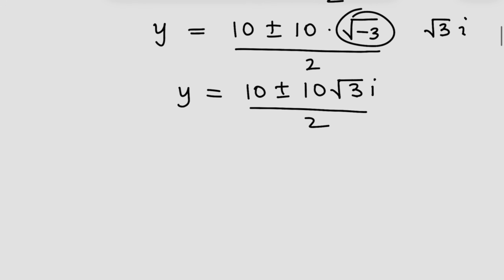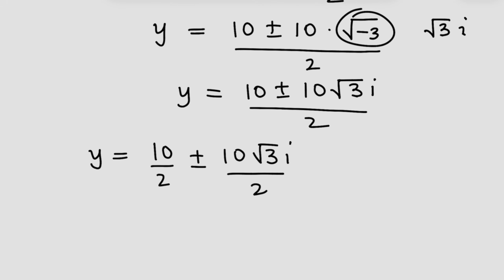So we will have two values for y, but before then, let me separate this division into 10 over 2 plus or minus 10 root 3i over 2. This is 5. This is also 5. So I have y is equal to 5 plus or minus 5 root 3i.